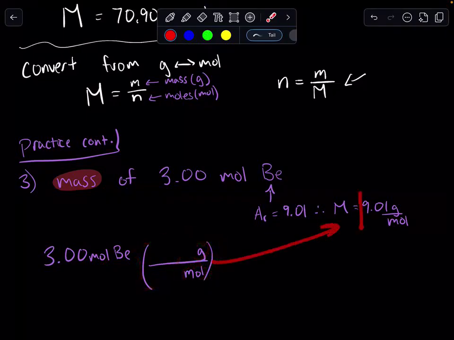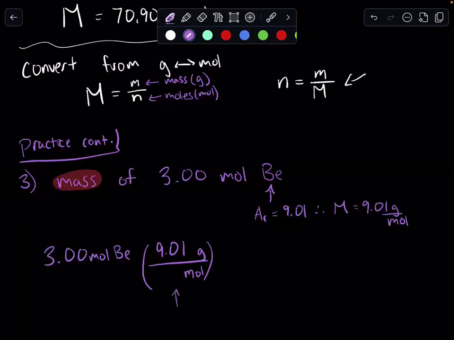Well, if I look right here, molar mass has grams on the top and mole on the bottom. So I'm going to go ahead and plug in 9.01. And now I'm just multiplying by my molar mass. And when I multiply by my molar mass, my mole unit cancels out. I'm left with my gram unit, which is what I want. And I get an answer of 27.0 approximately.